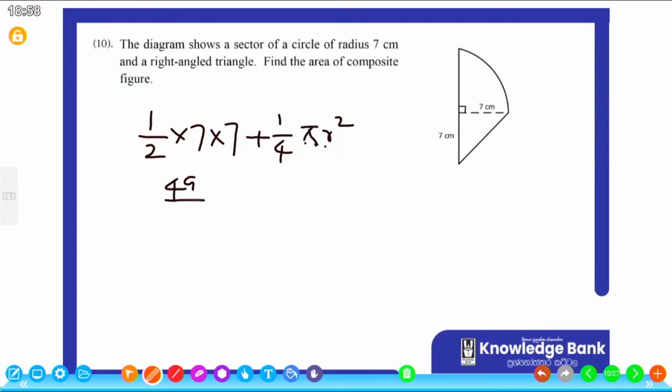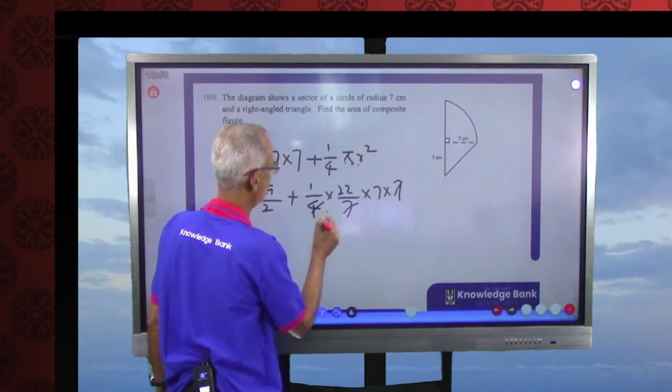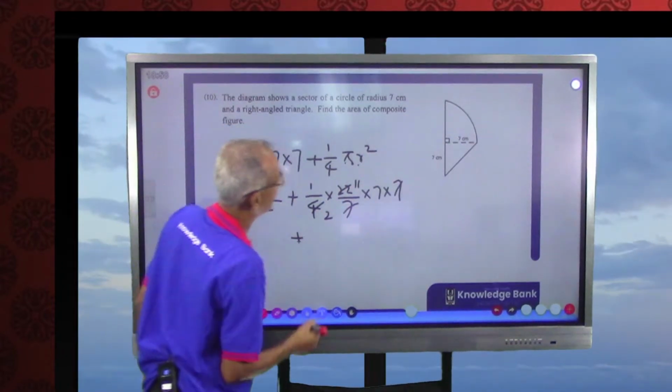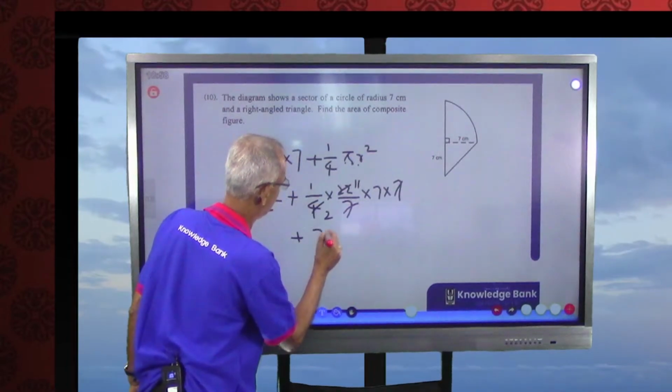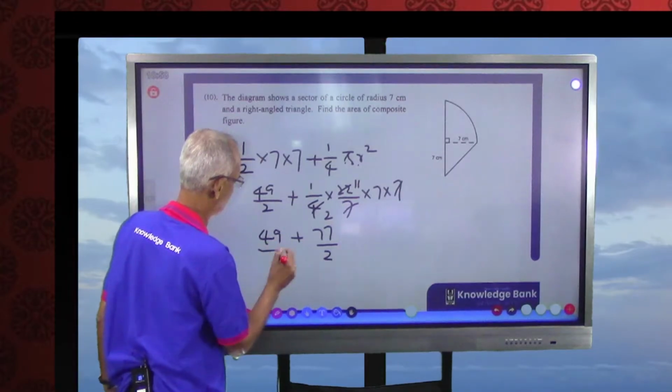This plus 1/4 into pi, which is 22 over 7, into r squared, which is 7 into 7. Here I can also simplify: 7 with 7, 2 times 2, 2 times 11. Then 11 into 7 is 77, so 77 over 2. Here it is 49 over 2.